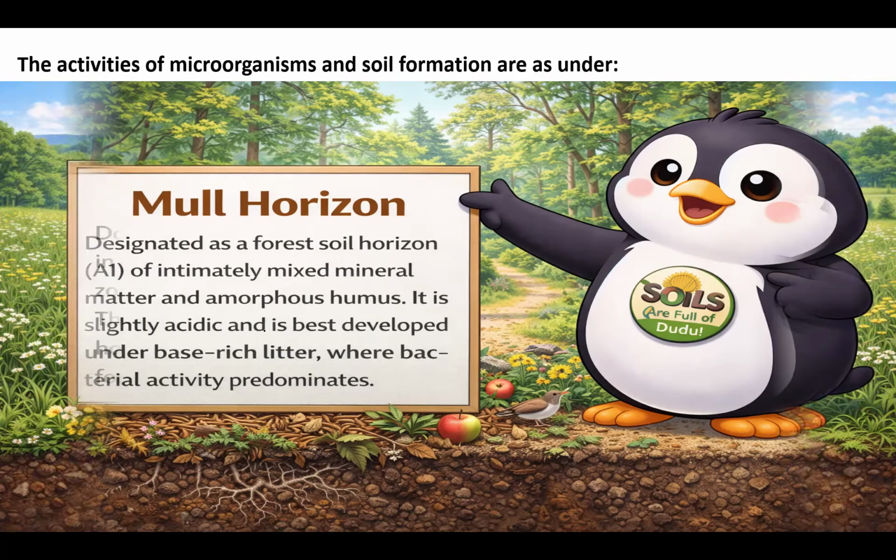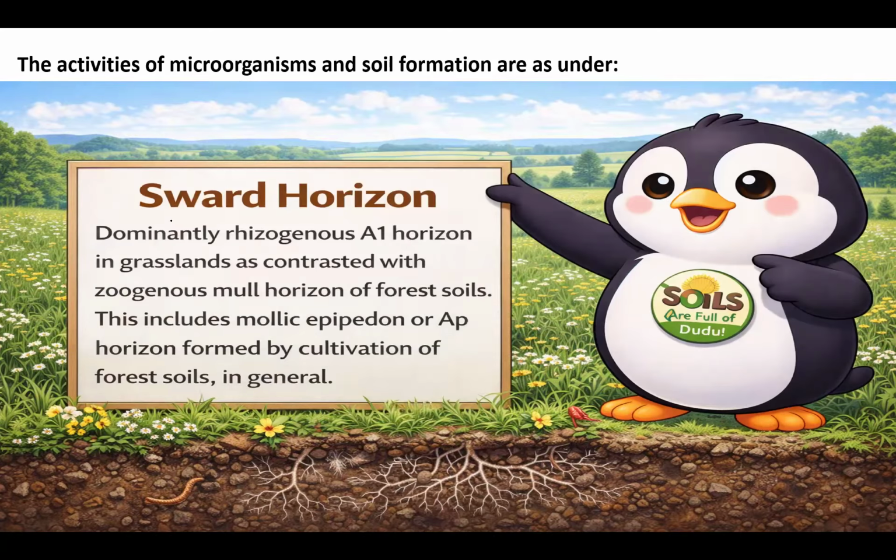What is this other horizon? It's called the sward horizon. The sward horizon is the A1 horizon development that occurs in grassland regions. So just remember that mor is developed in coniferous vegetation, mull is developed in forest, and the sward horizon is developed in grassland, in contrast with the mull horizon.